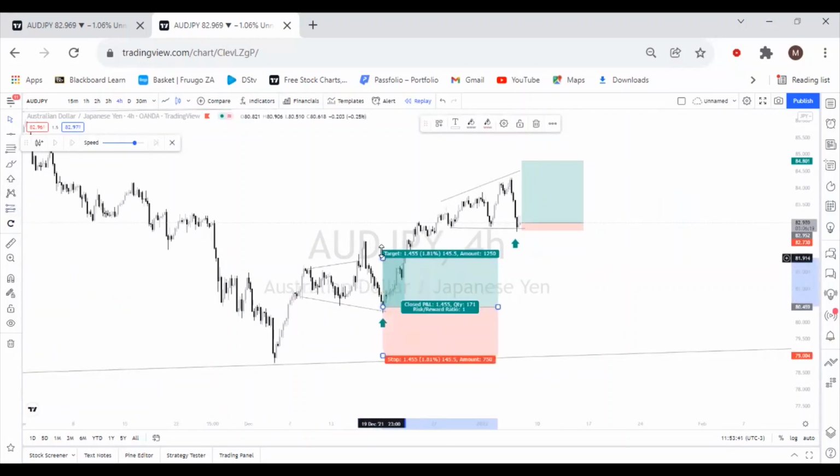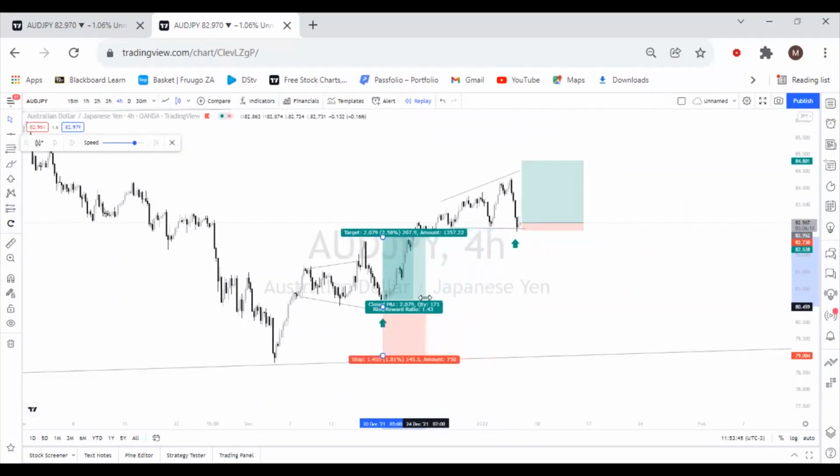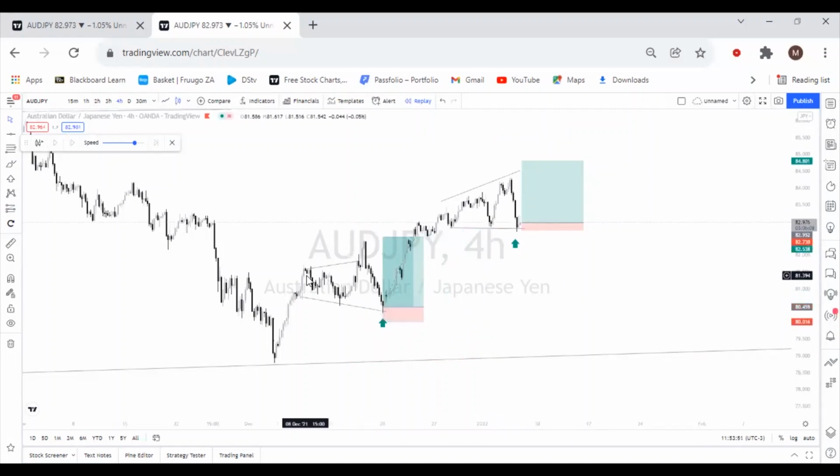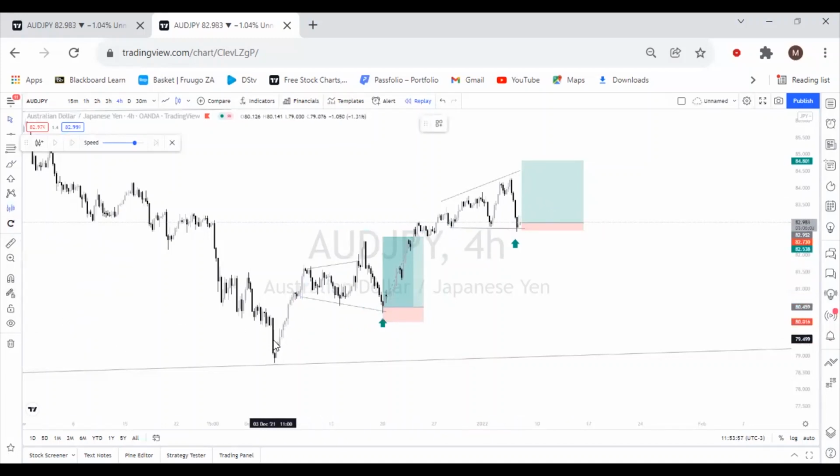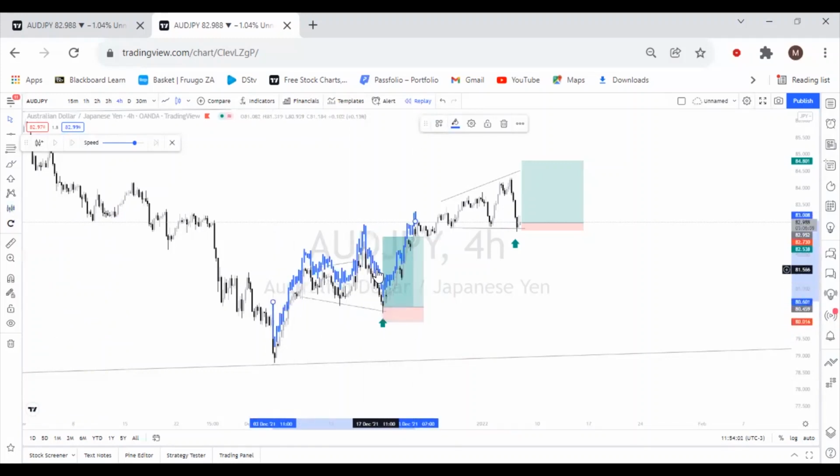I can just bring back the previous setup, and so you can see this is a repetition of what happened previously. The market always repeats itself. I can literally show you guys.